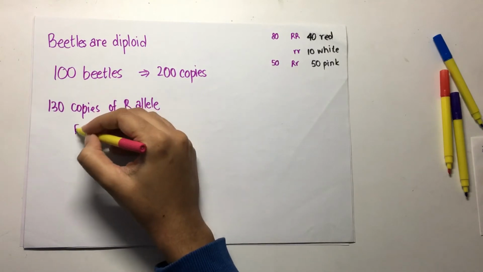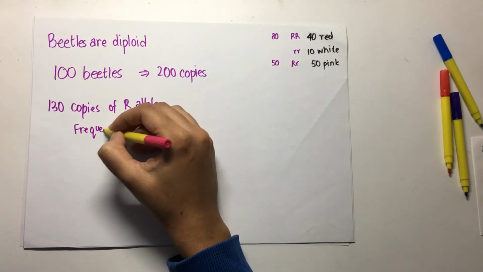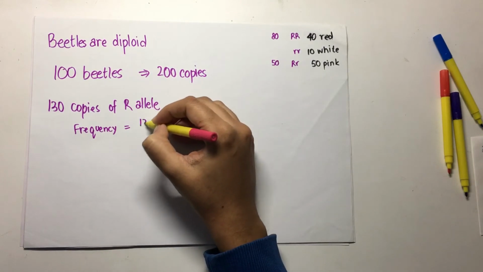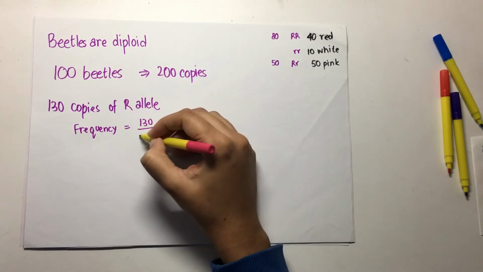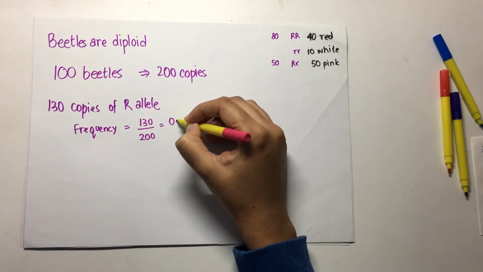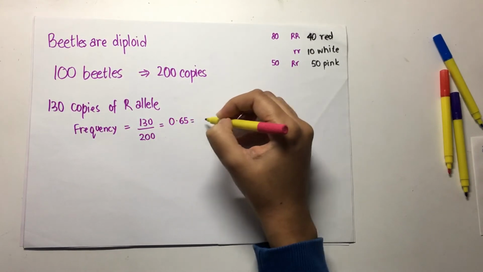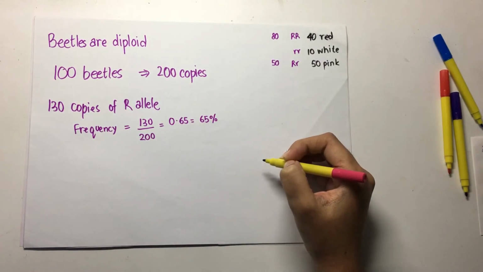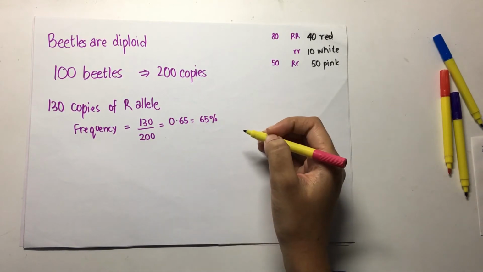And if we talk about the frequency of the R allele, we get 130 over the total number of copies, that is 200, which gives us 0.65, or 65%. Now we know that the sum of allele frequencies is 1.